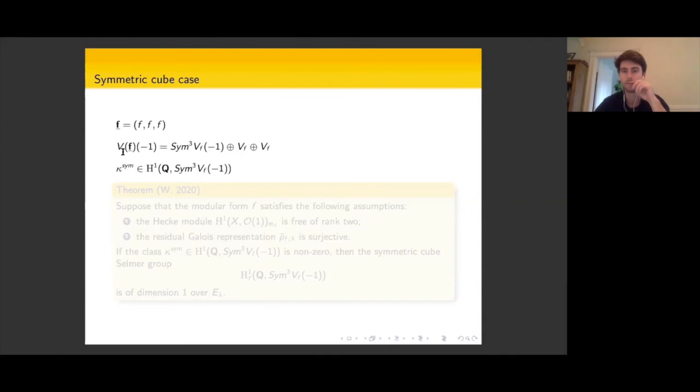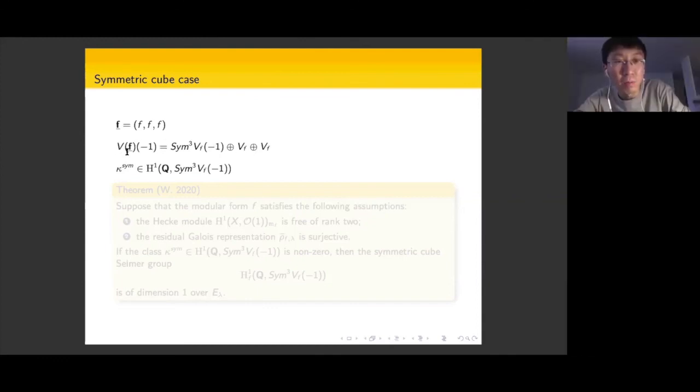Yeah, I should mention the work of Yifeng Liu here. It's probably the right thing to look for in the rank 1 case. What you do is you take an elliptic curve and base change to a cubic extension, and you also have this decomposition into the symmetric cube and the twist of f by some cubic character.